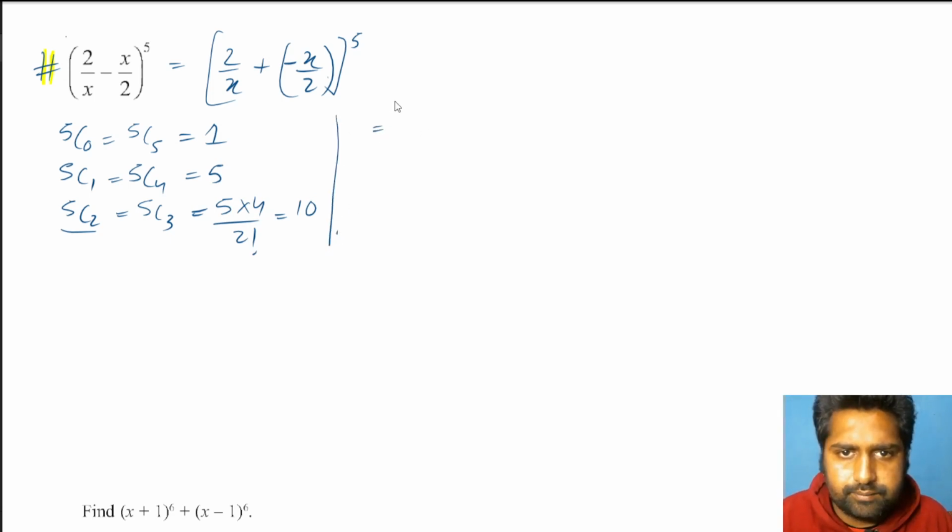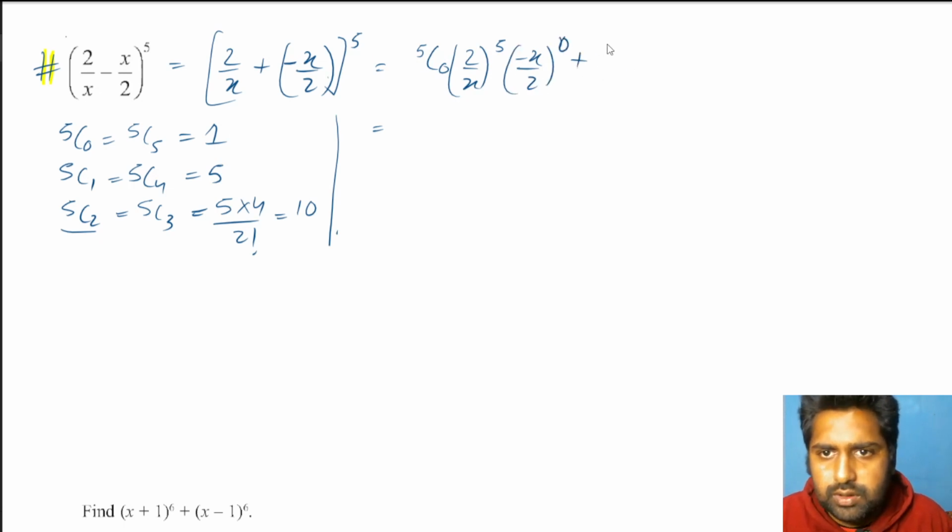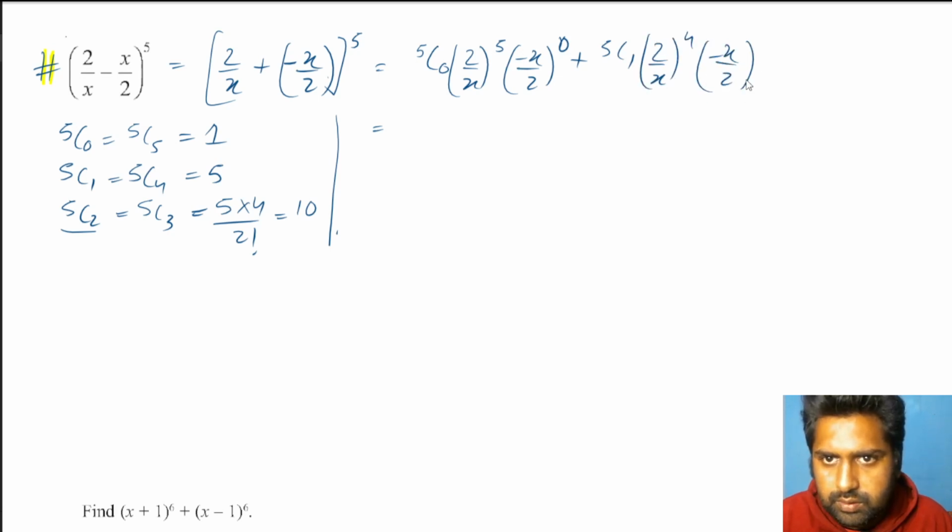Let's expand from here. 5c0, start with the first power, 2 by x raised to power 5, minus x by 2 raised to power 0. Then 5c1, power decreases, minus x by 2, power increases.